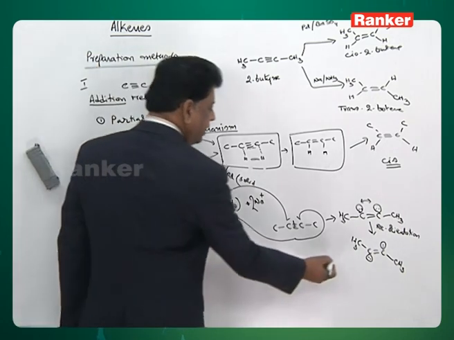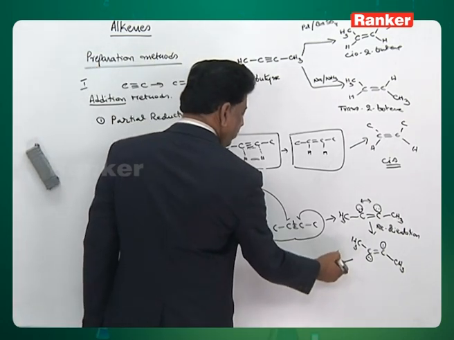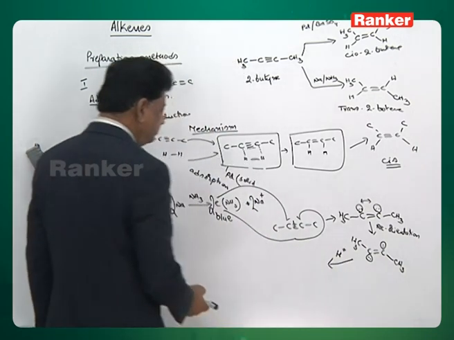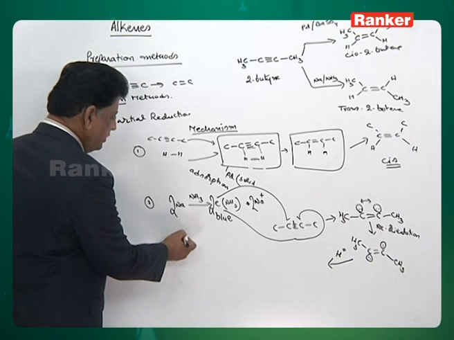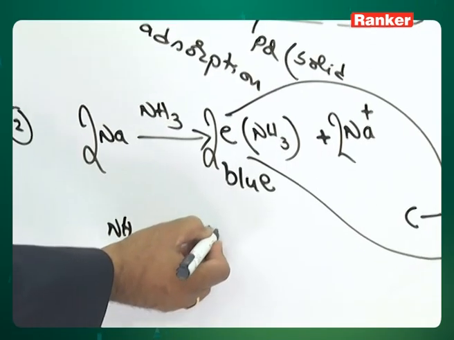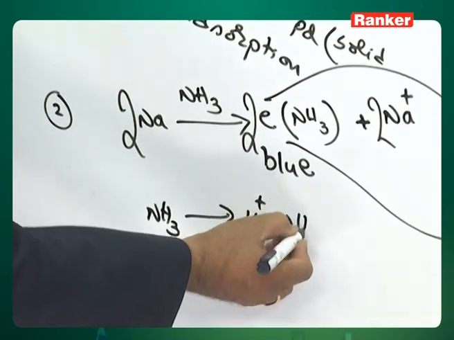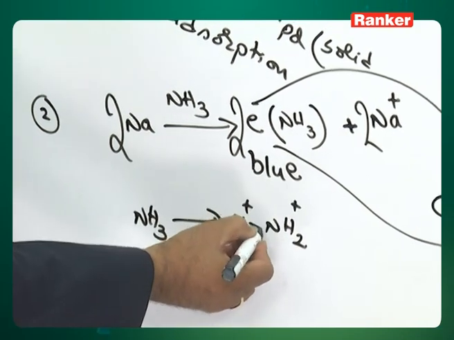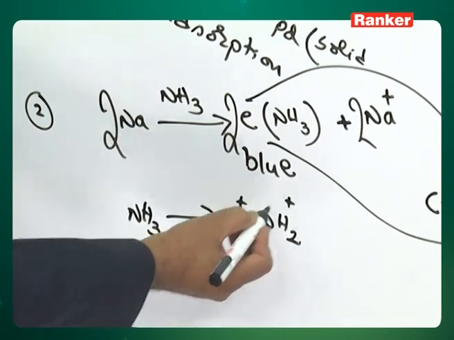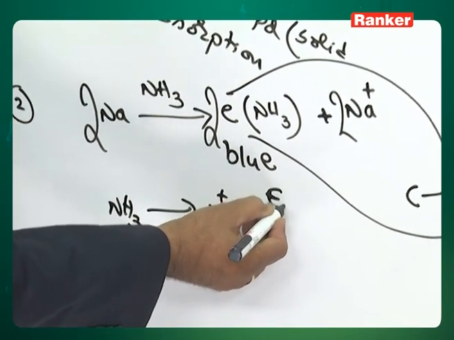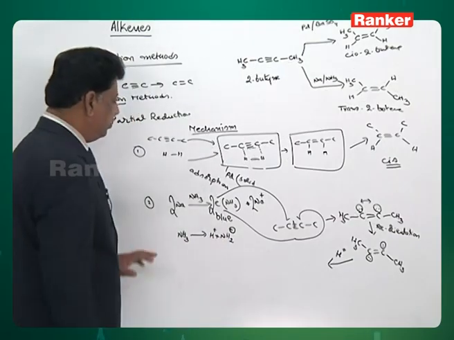Now, we are adding the protons. Where will these protons come from? The ammonia will split into a proton and NH2 minus. This is the ionization of ammonia into a proton and NH2 minus, so an amide anion and a proton.